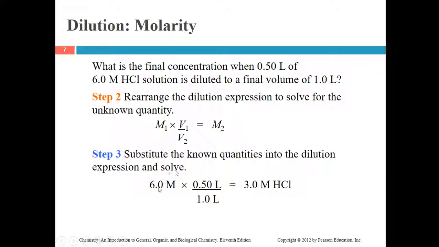The first molarity, 6, times the first volume, 0.5, divided by 1. When you multiply all that through, it ends up being 3.0 molar HCl, which makes sense because we just said that the concentration had to be less when you are diluting the solution.